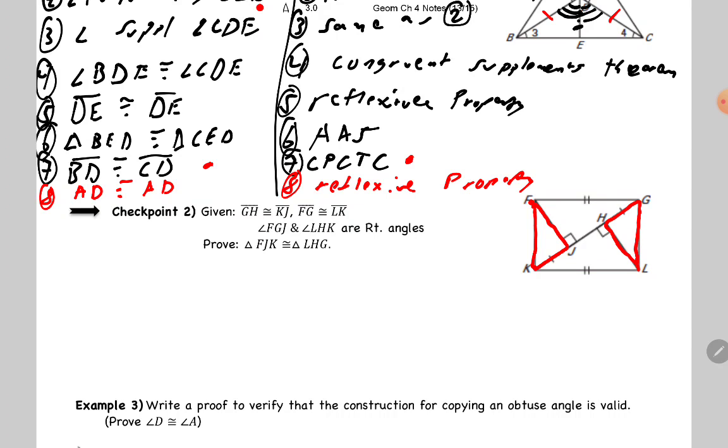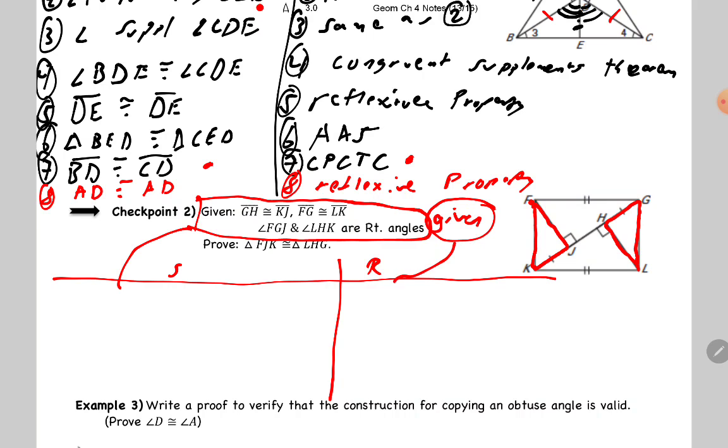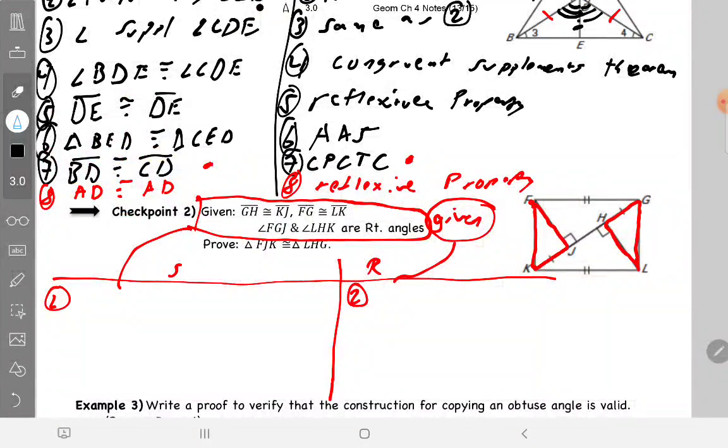So here we go. So these would be given. So statement, reason, you would put all this here, and then you would put this here. 2.